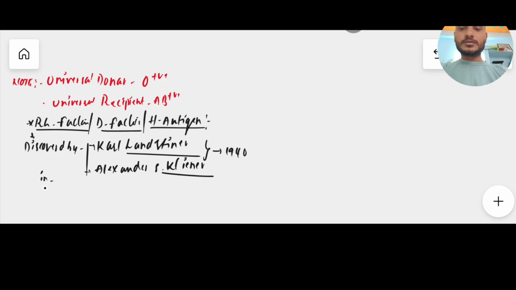The monkey's name is rhesus monkey. They found this type of Rh factor on RBC in the rhesus monkey. That's why the name came as RH factor.